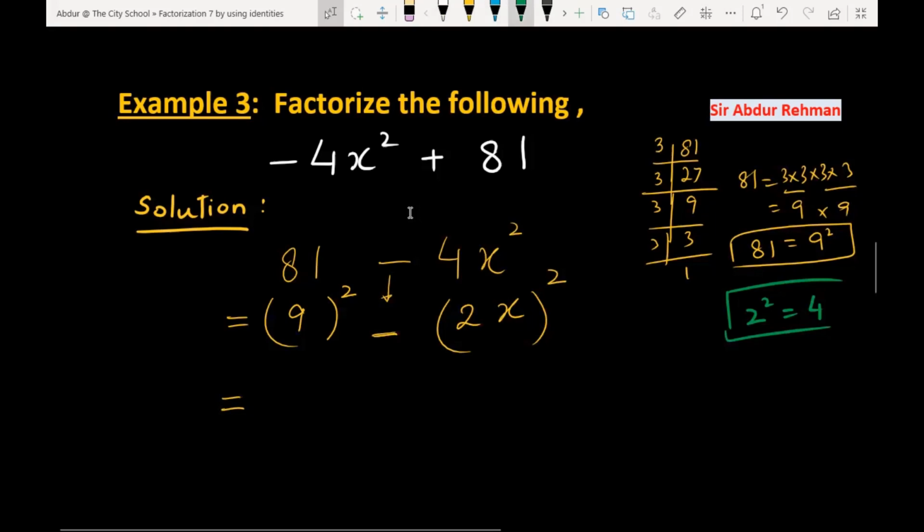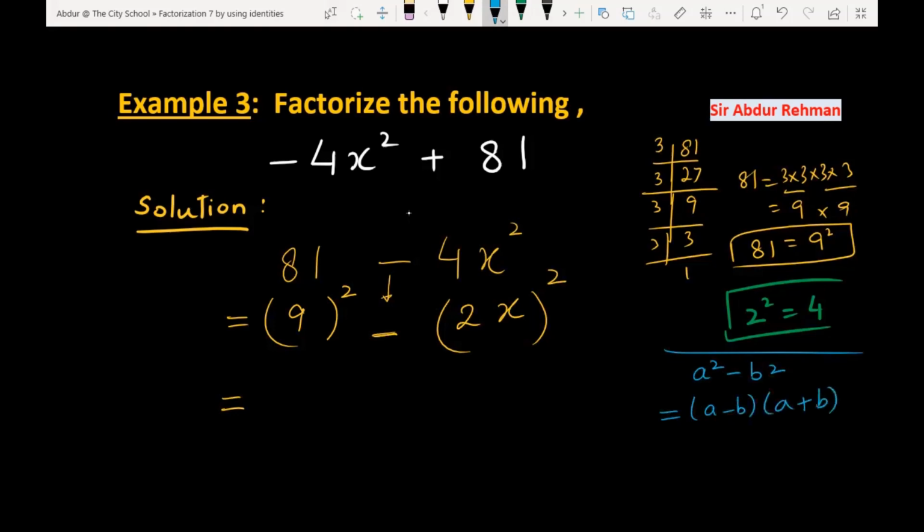Recall the identity with two terms. For quadratic expression, a square minus b square must be equal to a minus b times a plus b, or you can say a plus b times a minus b. So the a is 9 and the b is 2x here.